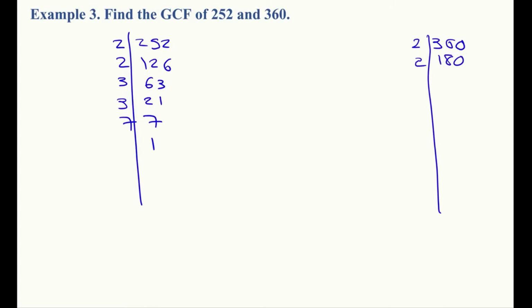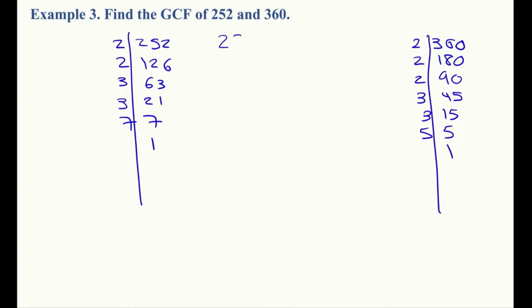Remember, at each step you ask yourself a simple question: what's the smallest prime number that goes into the number on the right? So for 180, it's 2 again, we get 90. Again, 2 gives us 45. This time we have to go to 3, which gives us 15. 3 again gives us 5, and 5 gives us 1.